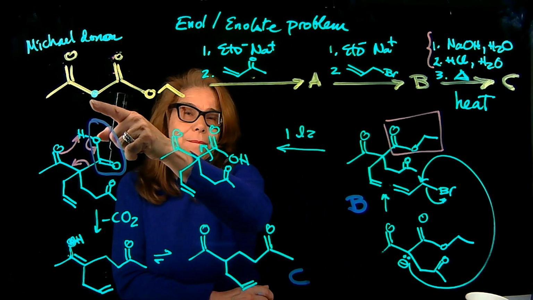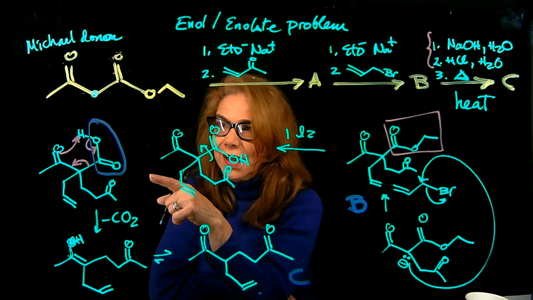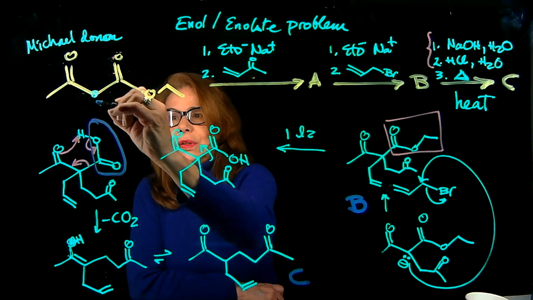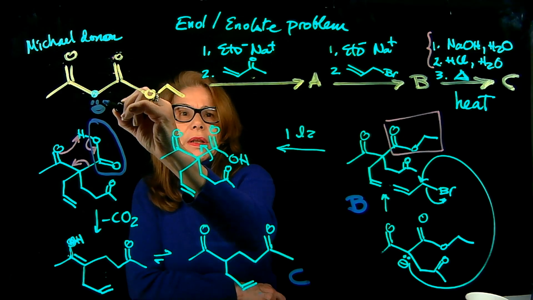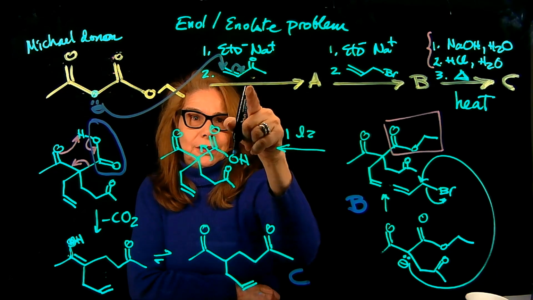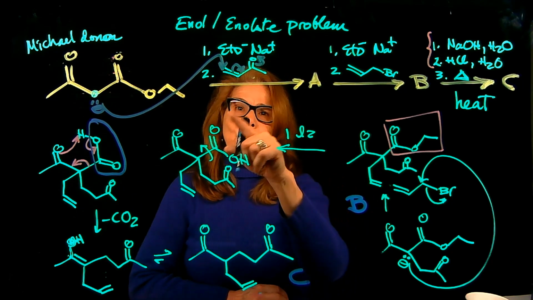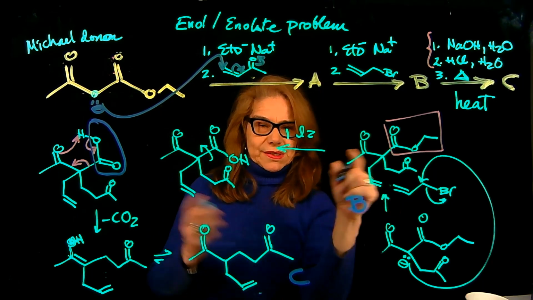So, a recap here. The first step was removing one acidic hydrogen here to form a stabilized enolate, which then does a nucleophilic attack on my Michael acceptor. We made that compound, A, which I erased.